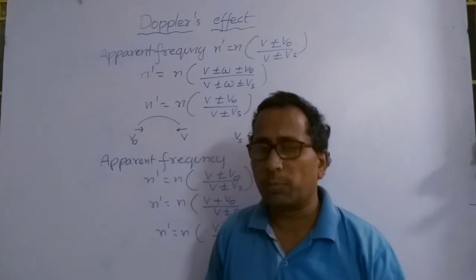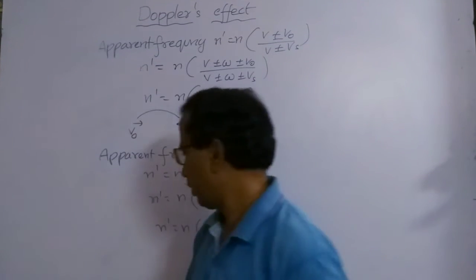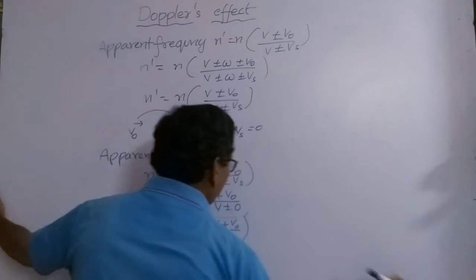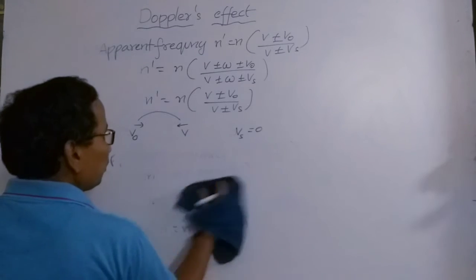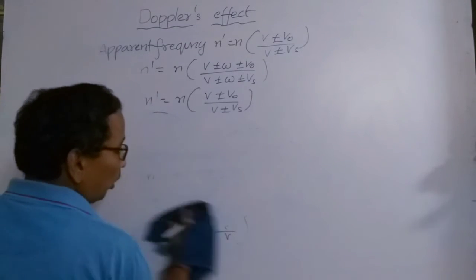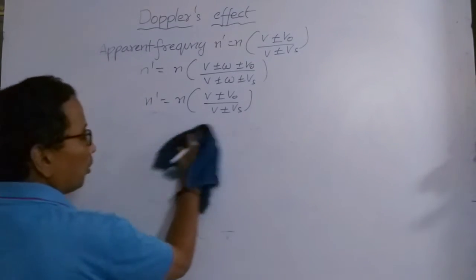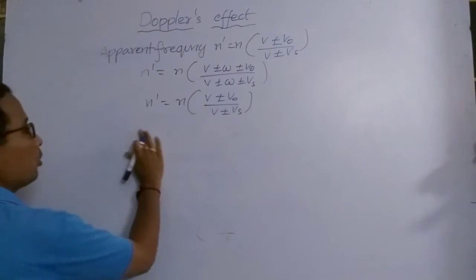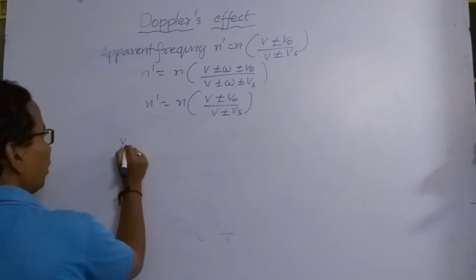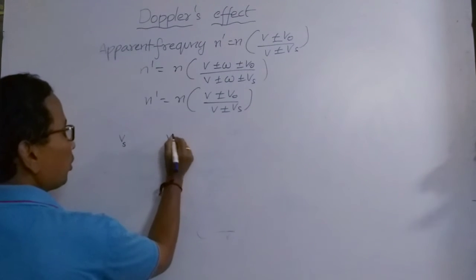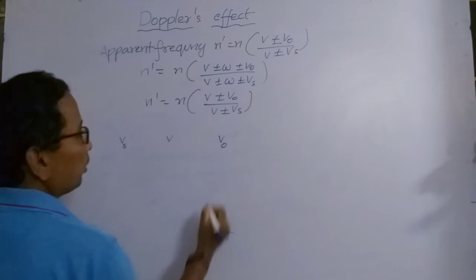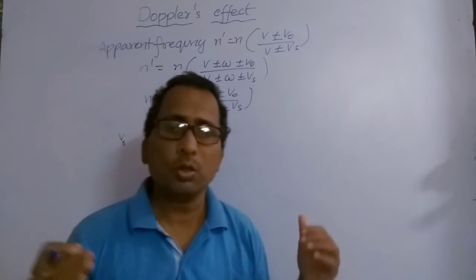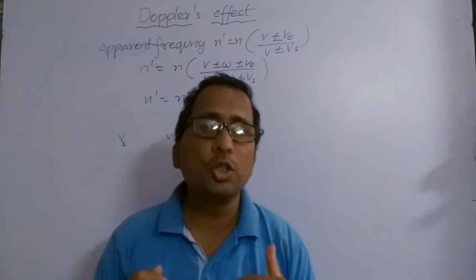Okay. Third example I will explain. So what is the third one? Here also same thing. Both source and observer are in motion. Suppose this is a source, this is the velocity of sound, and this is the observer. Let us take both source and observer approaching each other.